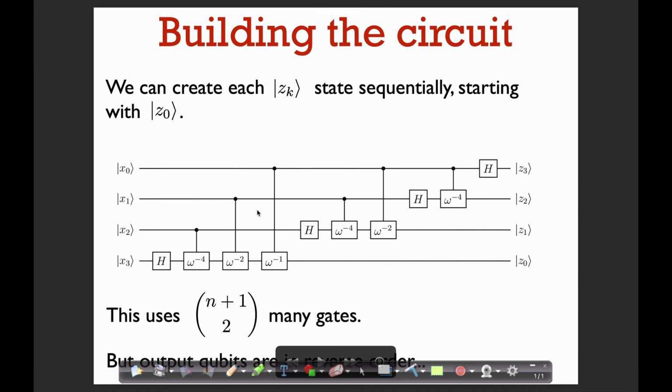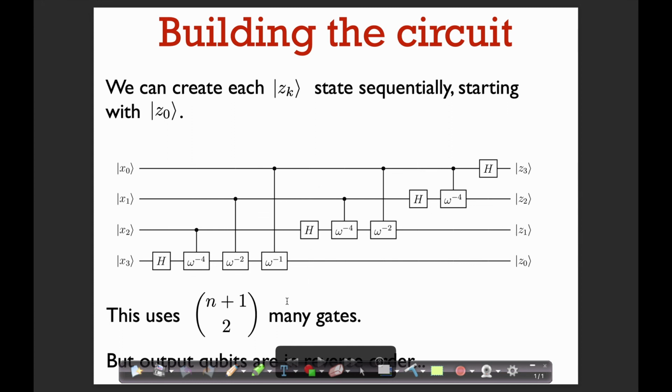Okay, and now when we go to create z1, well, z1 doesn't depend on x3, right? Because z1 just depends on the n-1 least significant bits of x. So it doesn't depend on the most significant bit. Okay, so the fact that we've changed the phase on this last wire doesn't matter for us. That's fine because we don't need to use it in order to create z1.